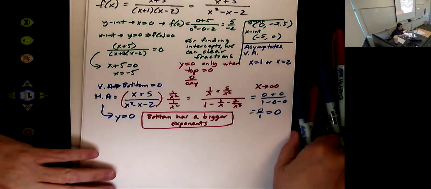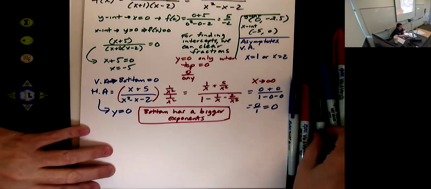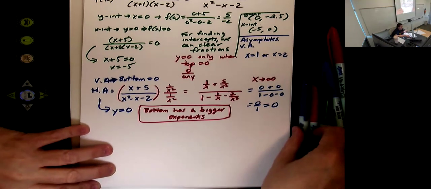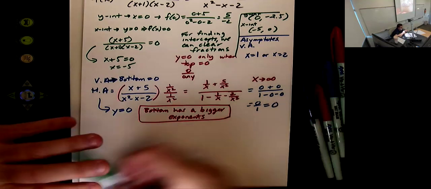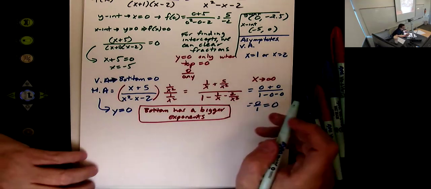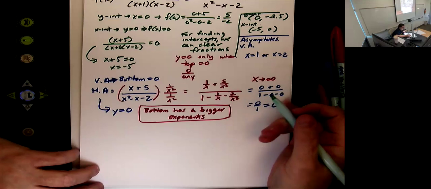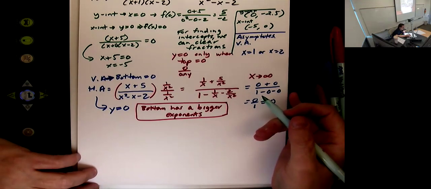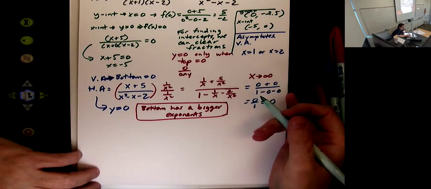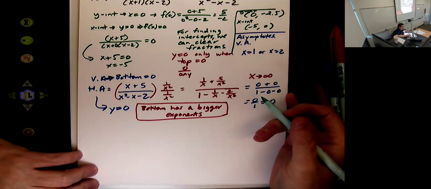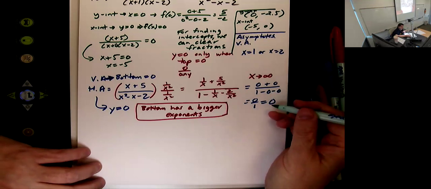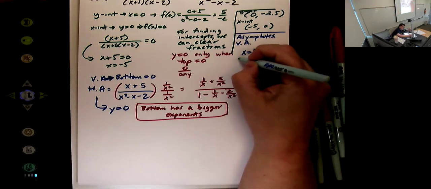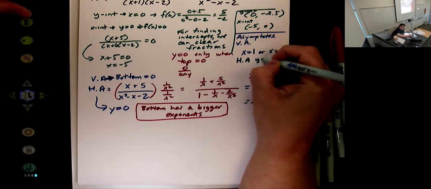It proves that, and that's what you're going to use in calculus a lot. So if you make yourself more comfortable with it now, even though it could be another 8 months till you're taking calculus next spring, or if you take pre-calc B over summer, you might be taking it in fall and it's not that far away. So HA is y equals 0.